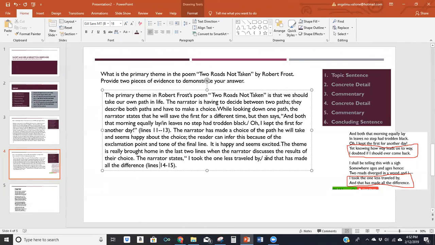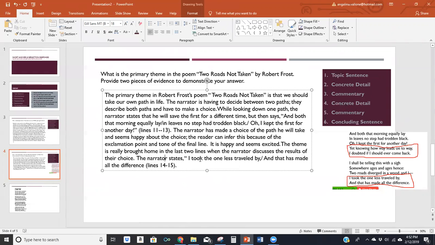"I took the one less traveled by," and notice, I know I'm being a stickler about the grammar, but I want you guys to see the correct way so you can reference it. Because the poem over here has the A capitalized, you too should capitalize it, if you remember to do that. So that's my second detail, right? That's number 4 over here in the concrete detail.